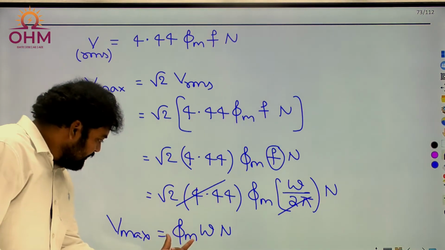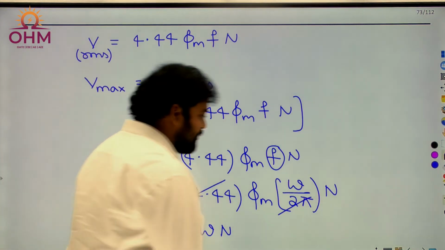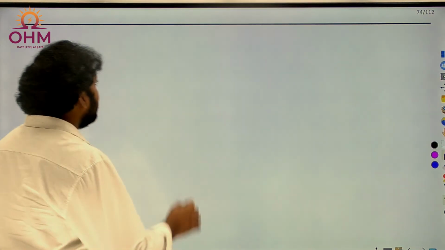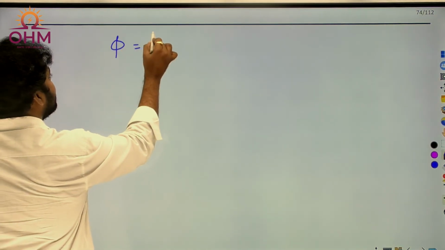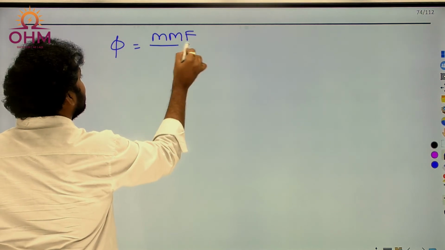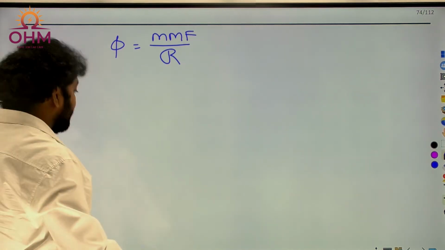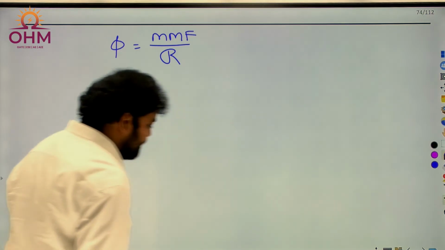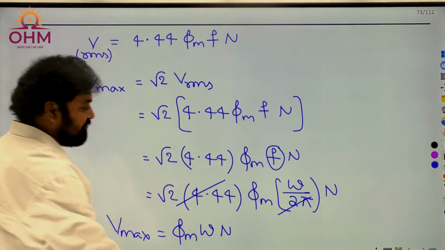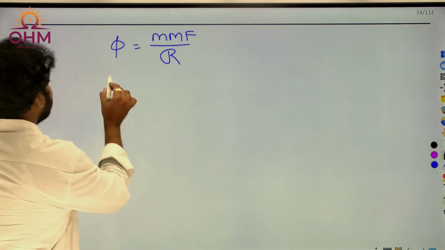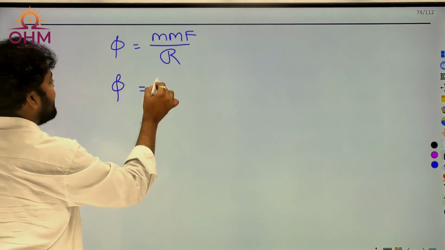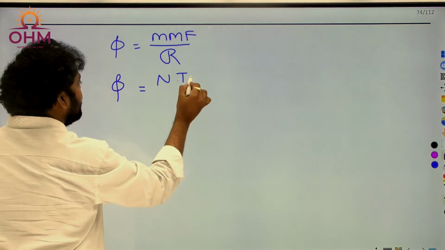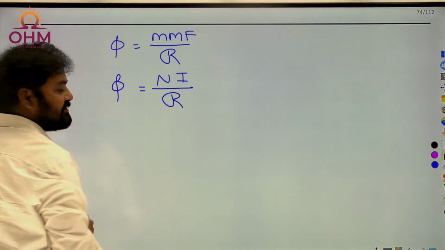Okay, now let us replace this phi m. What is the formula for flux? We know flux is always equal to mmf divided by reluctance. But in the equation we have maximum flux, therefore I can write flux is equal to mmf, which is number of turns into current, divided by reluctance.